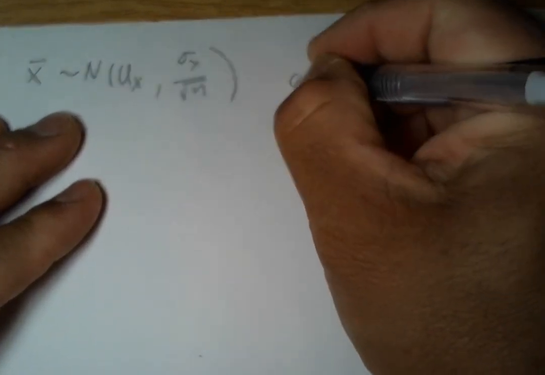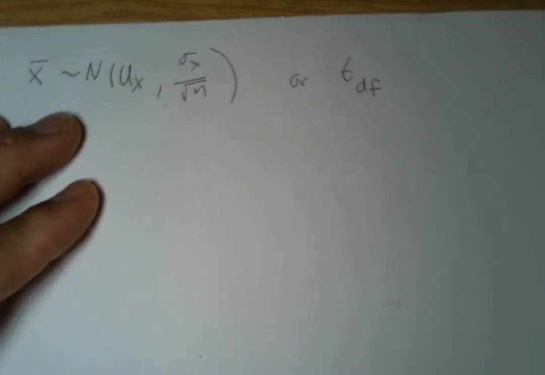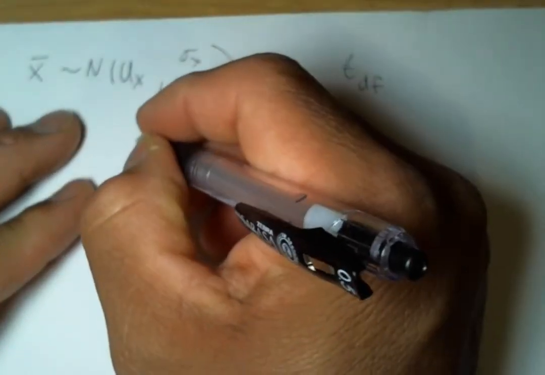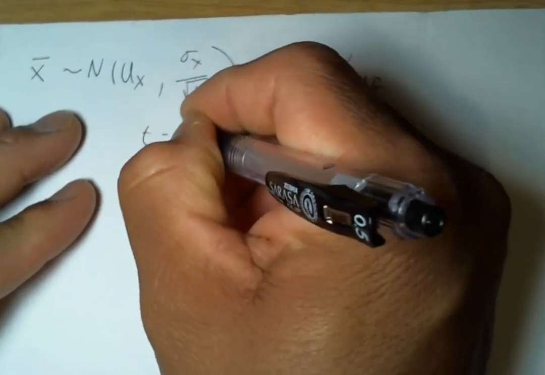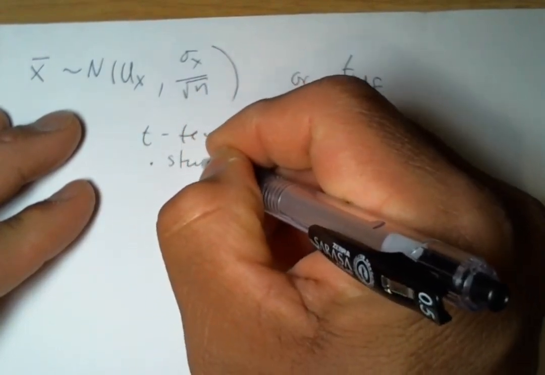Or we use a t distribution with certain degrees of freedom. If we use the t distribution, that's what we're going to call the t-test, and in that case, we'll use the student t distribution.